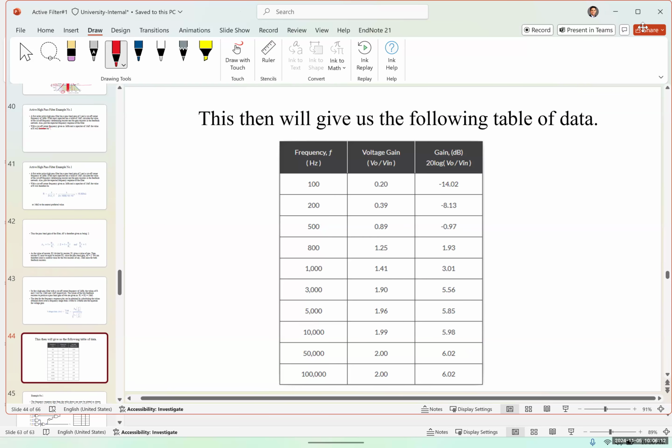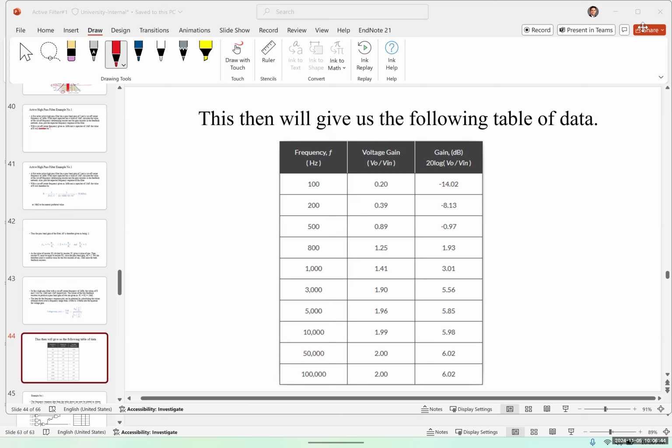If we just replace 100 hertz to 100 kilohertz, we can plot the frequency response, and it's going to look something like this. Starting from 100 hertz, the voltage gain would be 0.2, or in dB, it's going to be -14. At 200 hertz, it's going to be 0.39. At 500, it's going to be 0.89, so less than 1. So up to 800 hertz, you can see that it's actually decreasing and blocking the frequency. 800 hertz is going to be 1.25, 1,000 is going to be 1.41, 3,000 is going to be 1.91, 5,000 is going to be 1.96.